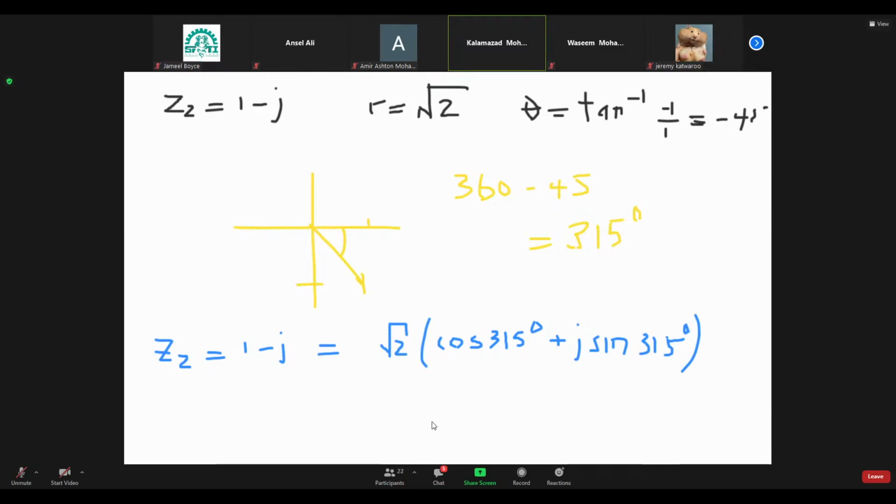All right, and then we use the same strategy. Pi (180 degrees) is pi radians.